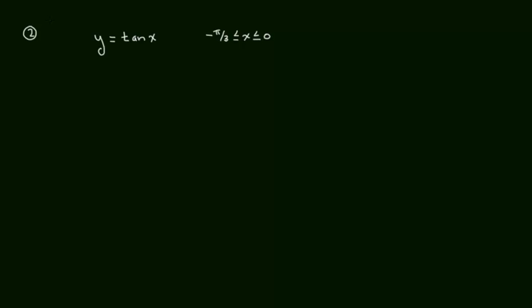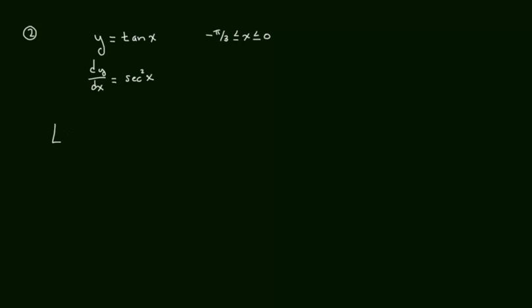Now I'm taking a look at the second example, where we're trying to find the length of y equals the tangent of x from negative pi over 3 to 0. So I'm ready to do this. I'll start off by finding dy dx, as I know I'll need that in my formula, and that should be easy enough, the secant squared of x.